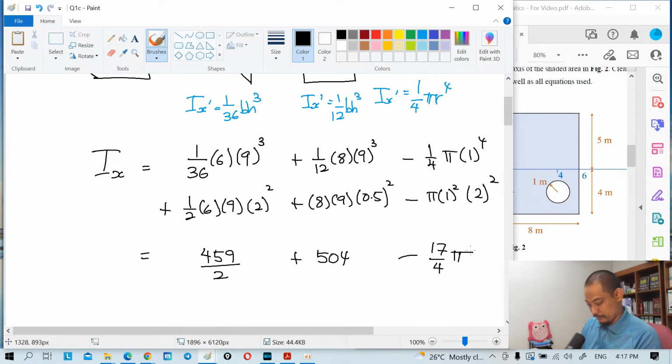Okay, if you add 459 divided by 2 plus 504 minus 17 divided by 4 times pi, you get 720.148 meter to the power 4, right? Or 720.15 meter to the power 4.